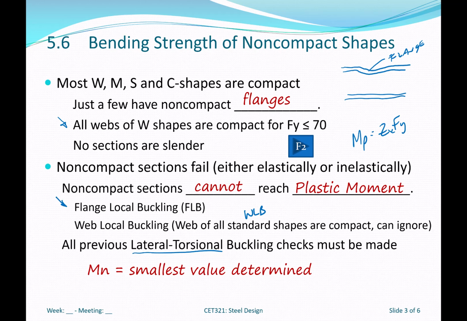M sub n is based on the smallest value, be it flange local buckling or lateral torsional buckling. Of those conditions, you have to use the smallest value. Remember, there are two possibilities here, inelastic and elastic.